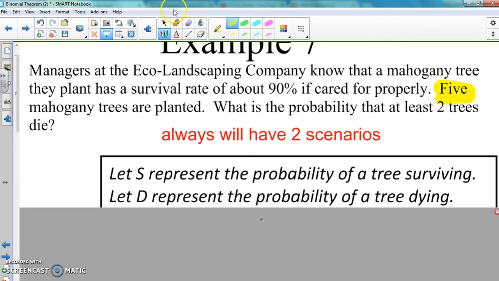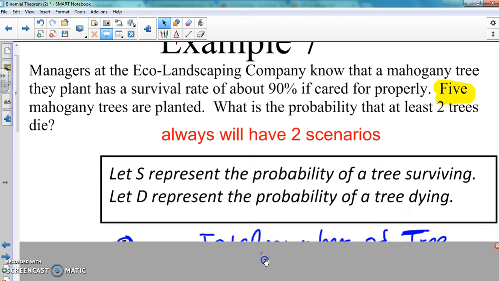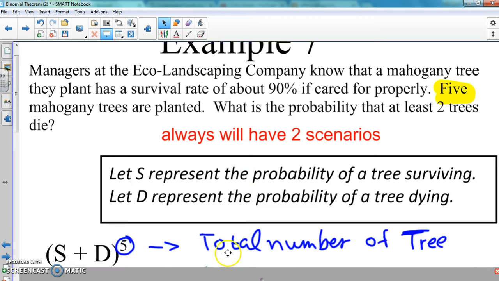So since there's 5 trees, that means our exponent is going to be that number. So we're going to do S plus D to the 5th power. Because that's the total number of trees. So the total number is going to go in that spot there. Okay, so that's the total number of trees that we're going to deal with.